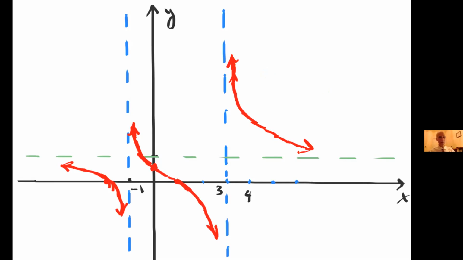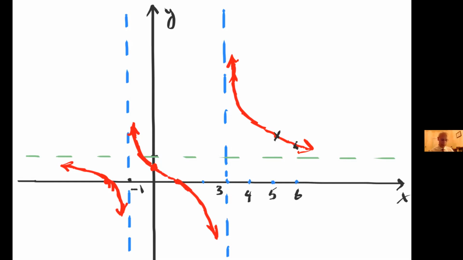And I can't emphasize more that if you're not convinced, you could just find out what f of 5 is, and you would see that would be a point somewhere about there. What is f of 6? That would be a point about there. So if you're not sure, just keep plugging in numbers.